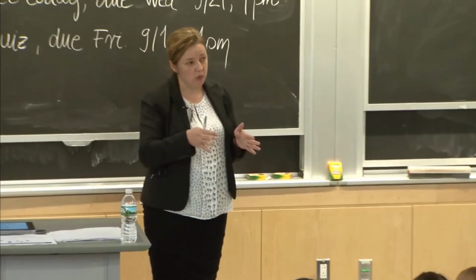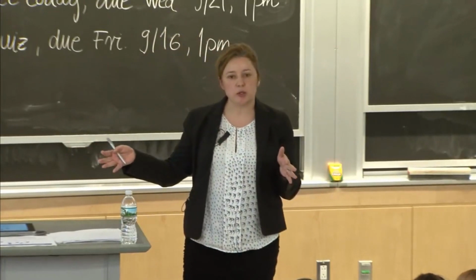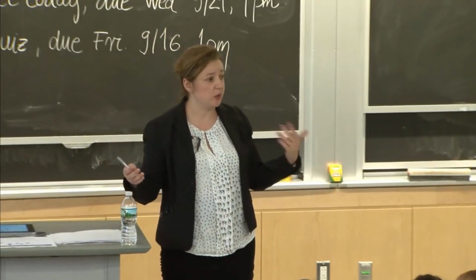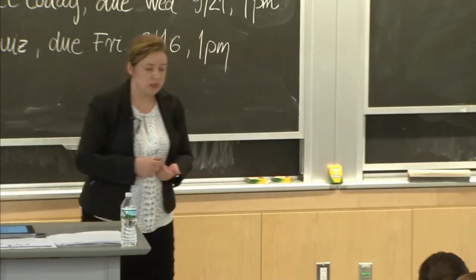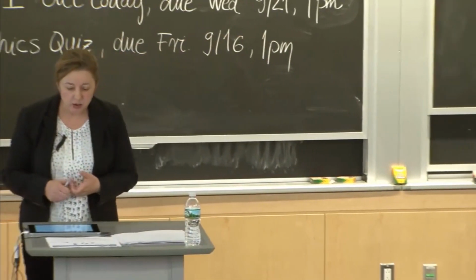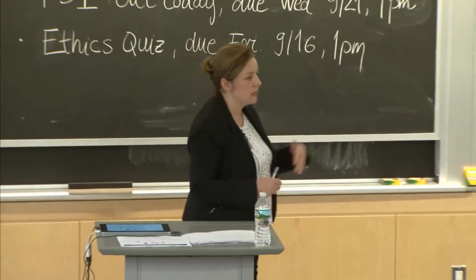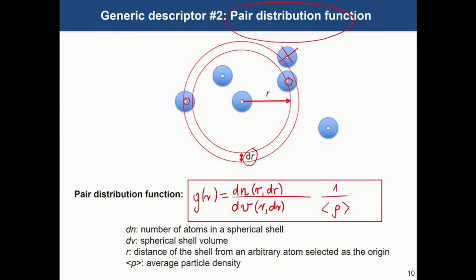So I will certainly give you a couple of examples to show you how this function looks like for crystalline, non-crystalline materials, etc. But what is its meaning? So you can think about this fundamentally as the probability of finding an atom at a certain distance from an atom within the material that is normalized to the overall density. Okay, so I will write this down.